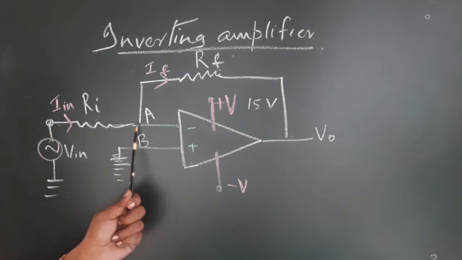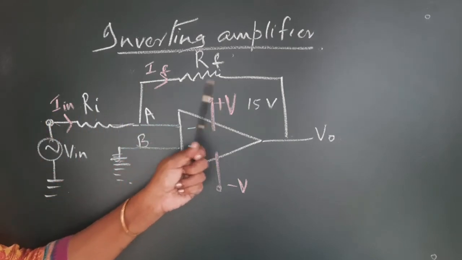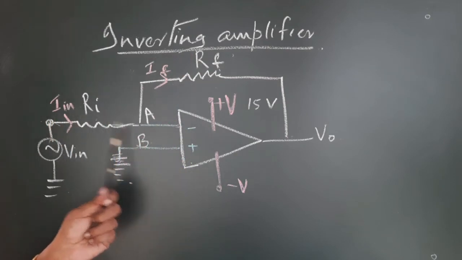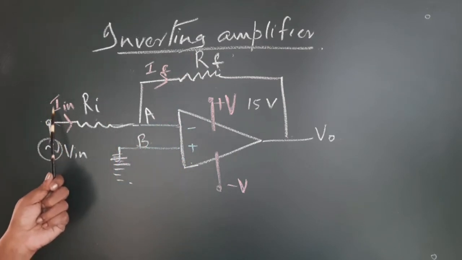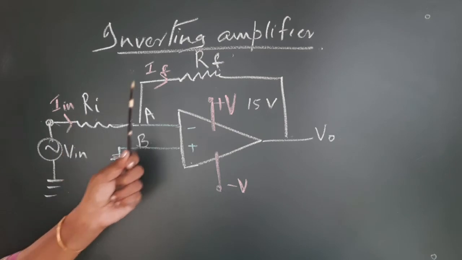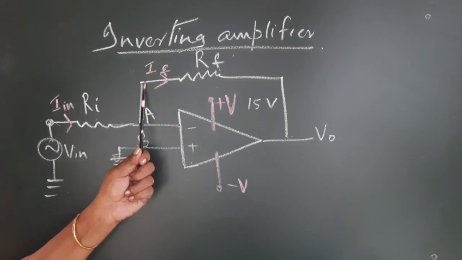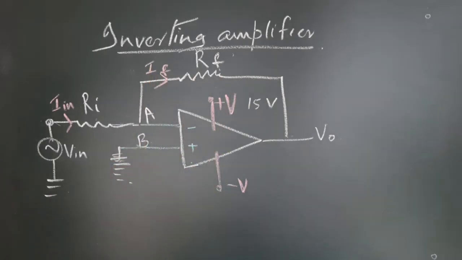This is the input resistance Ri, this is the feedback resistor RF. The current through the input resistor, I would like to call it as Iin, and this is the feedback current, I will call it as IF because it is flowing through the feedback resistor.